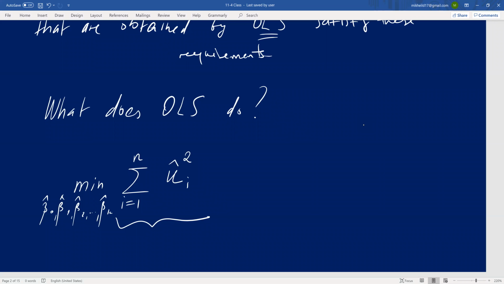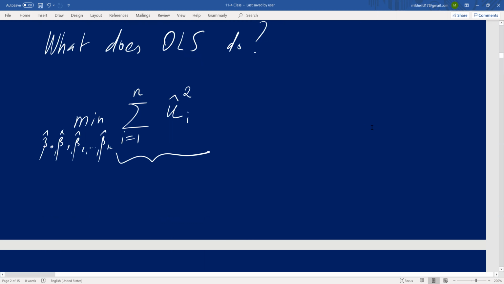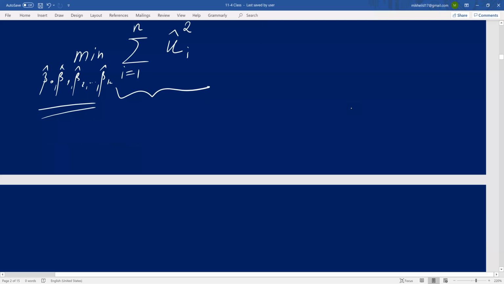And then you may have a question: where do we see these beta hats in this expression? All of these beta hats are hidden in U hat. Why? Because, can you tell me what U hat is? U hat is Yi minus Yi hat, right?